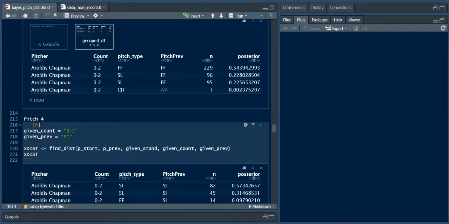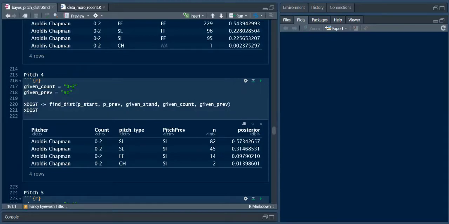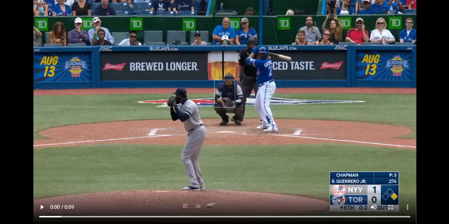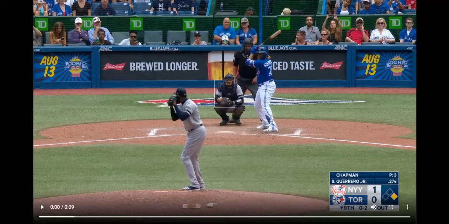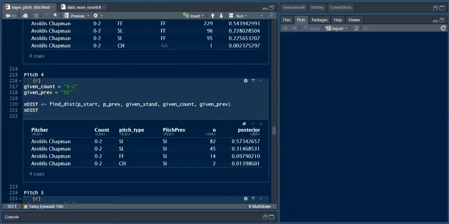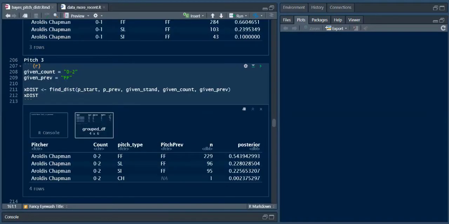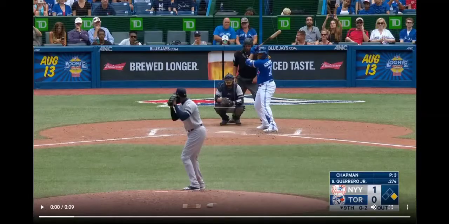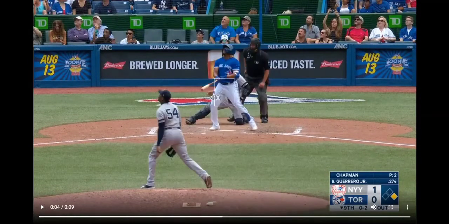Oh, interesting. Okay, I am mistaken that this was a four-seam fastball. In actuality, this was the fourth pitch of the at-bat. Did I skip one? 1, 2, 3. Oh yeah.